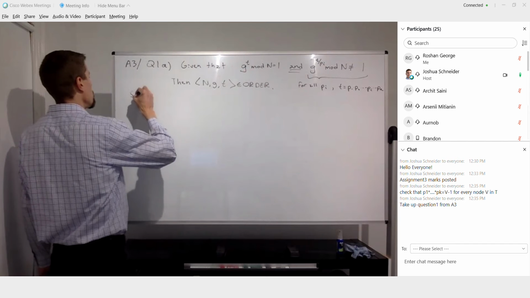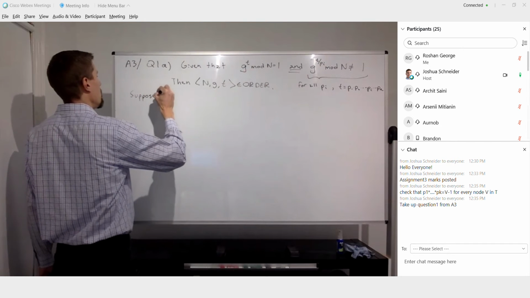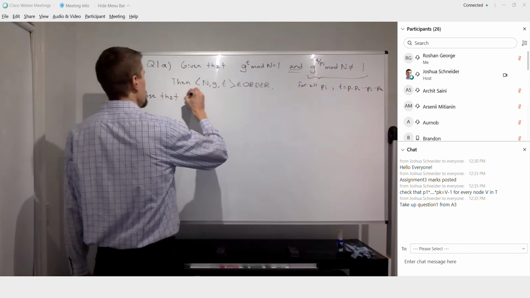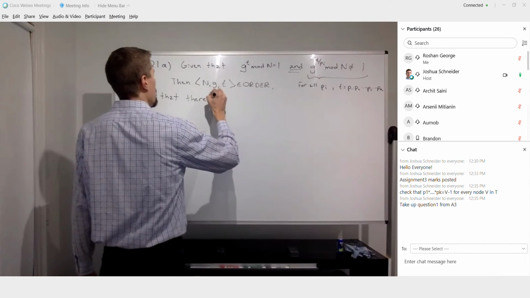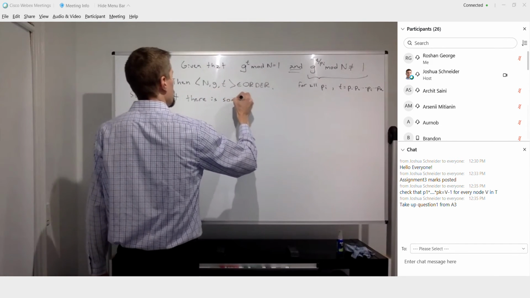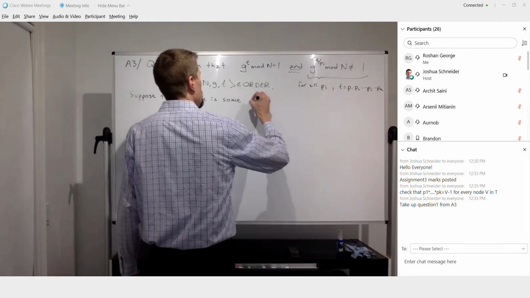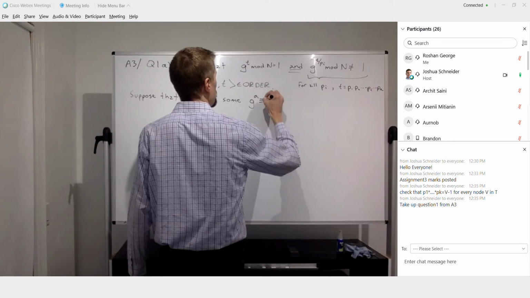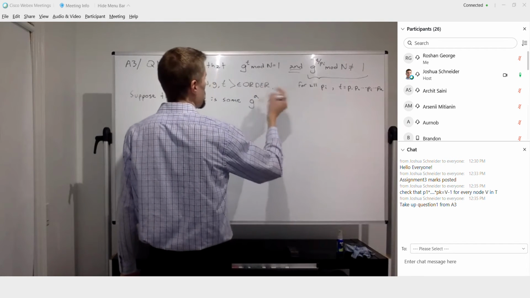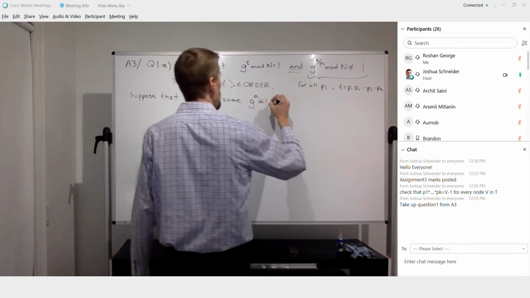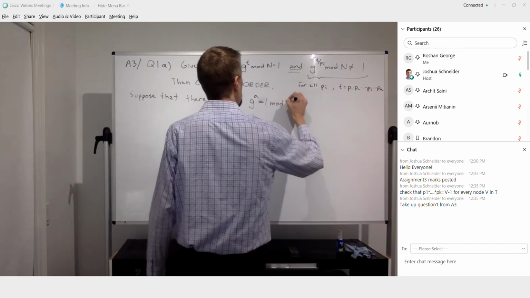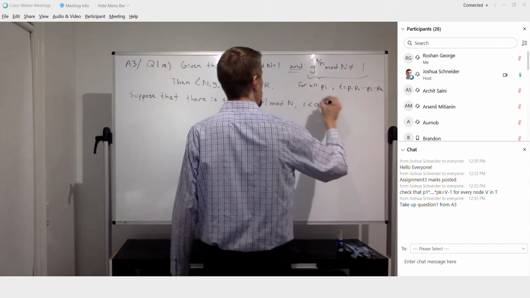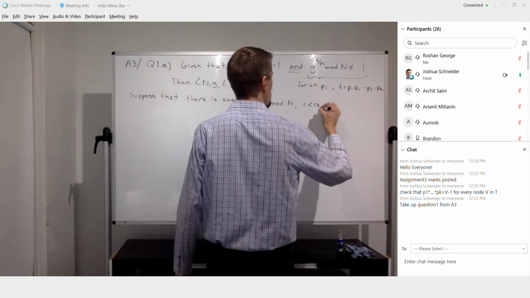Suppose there is some g to the a congruent to 1 mod n, where a is greater than 1 but less than t.